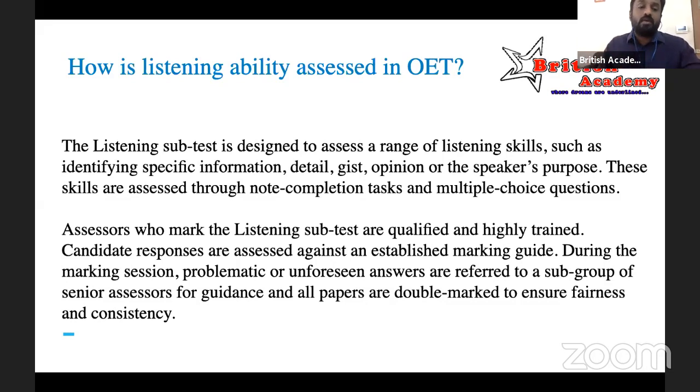In those scenarios, the marking is done by a group of senior assessors for guidance, and all papers are double marked to ensure fairness and consistency. So even if you write a synonym, but the meaning is the same, or you make a spelling mistake and they are not sure whether to grant a point, a group of assessors will double check to confirm your marking is fair and consistent.